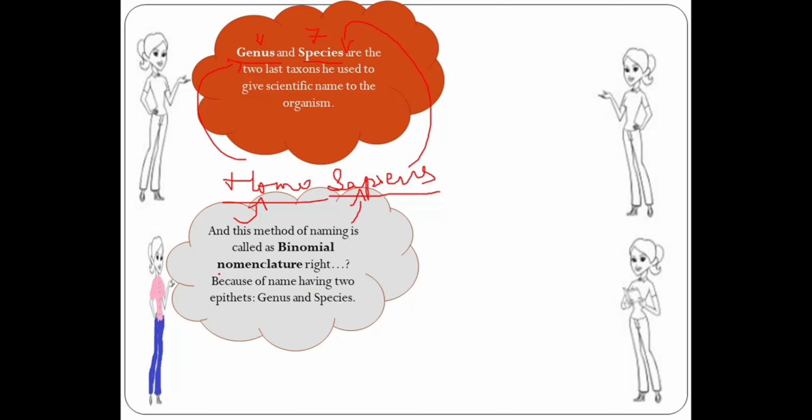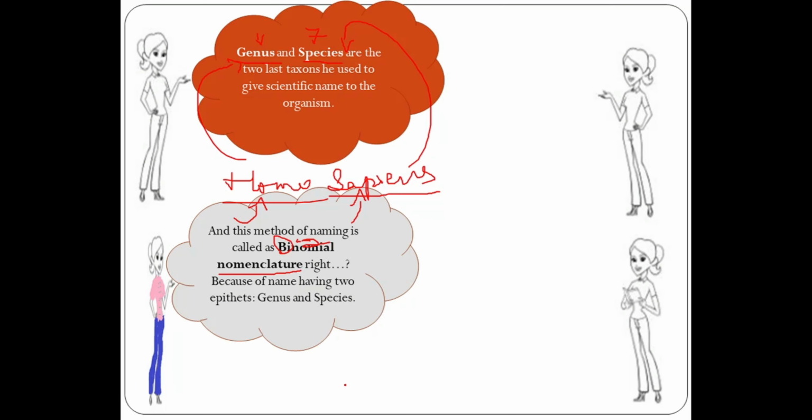Nomenclature means naming of organisms, systematically, and bi means 2. So binomial nomenclature is a method of naming organisms systematically with 2 epithets, and it was developed by Carolus Linnaeus.